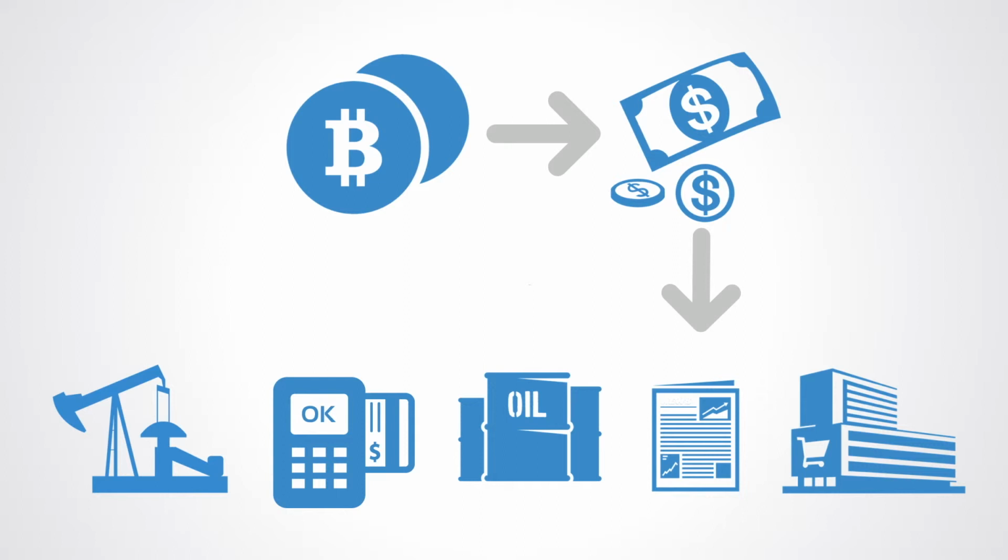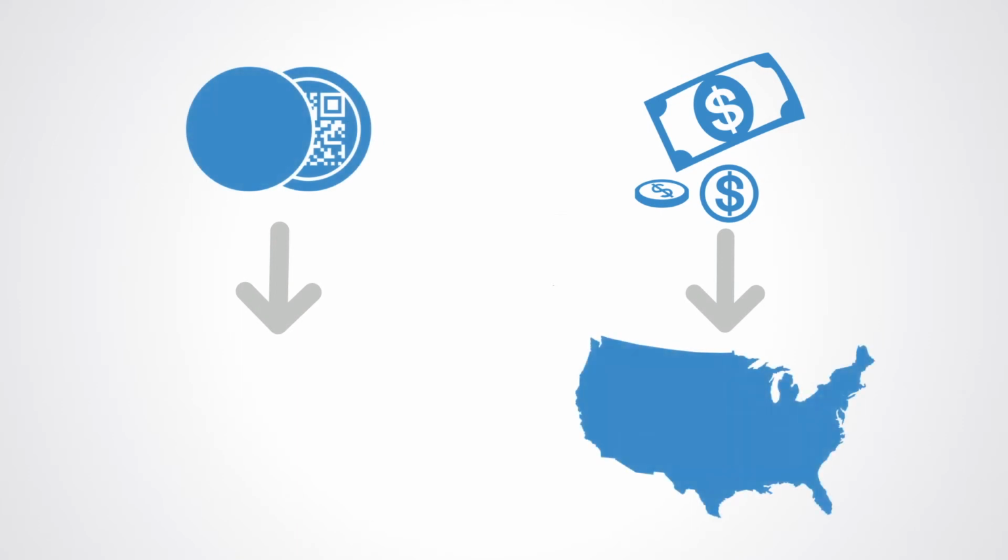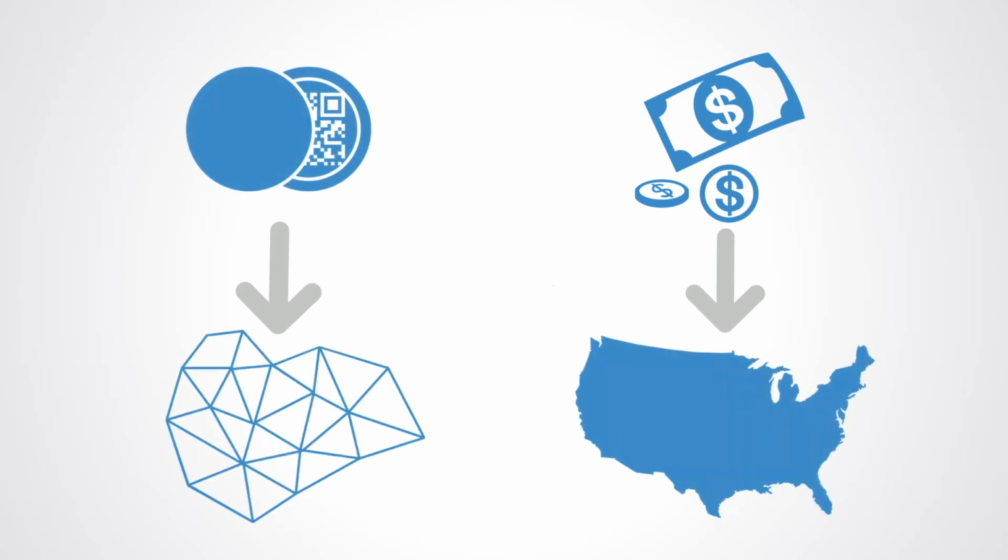Thus, we can see how currencies are a form of utility token that provides access to the services created by a given economy. Whereas fiat currencies provide access to a national economy, tokens provide access to a blockchain-based networked economy.